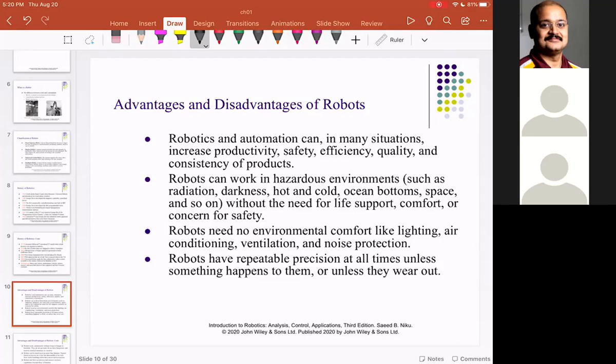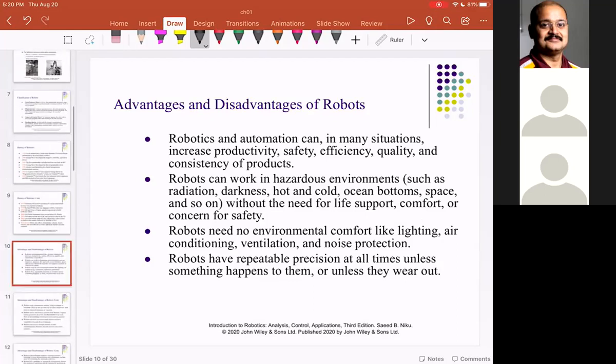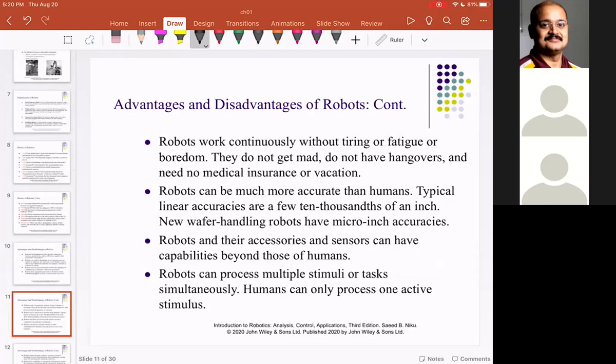Robots are also more precise and repetitive compared to humans. Robots can work together or alone, which in some cases may not be possible for humans, depending upon the task. You can use robots for tasks that are not doable or not safe for humans.